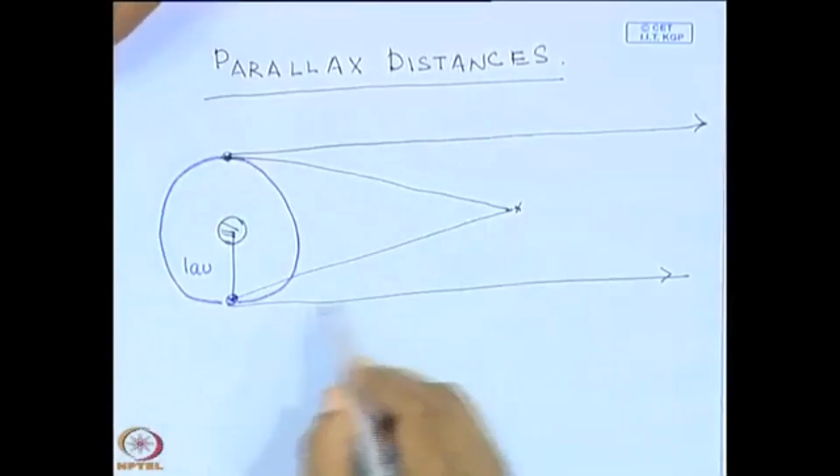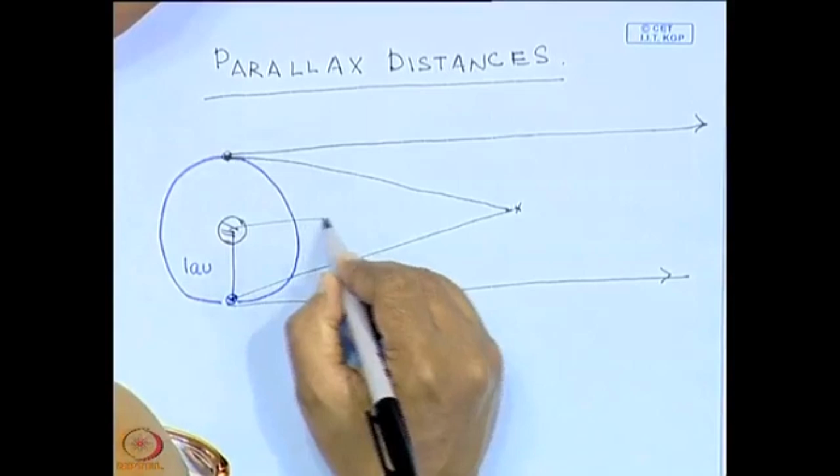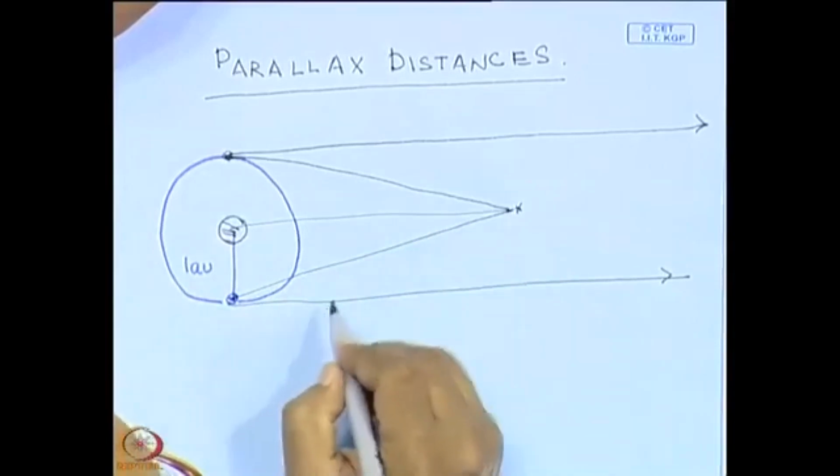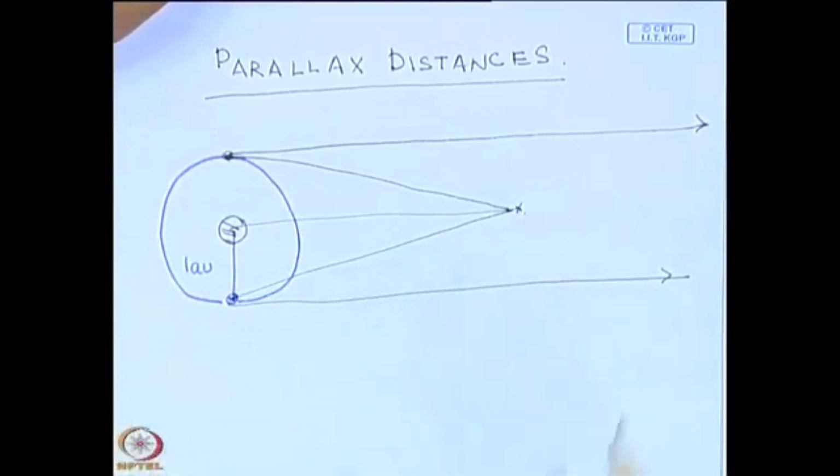So, we could measure this change in angle with reference to a distant object whose angle does not change. This is how the distances for nearby objects beyond the solar system can be measured.